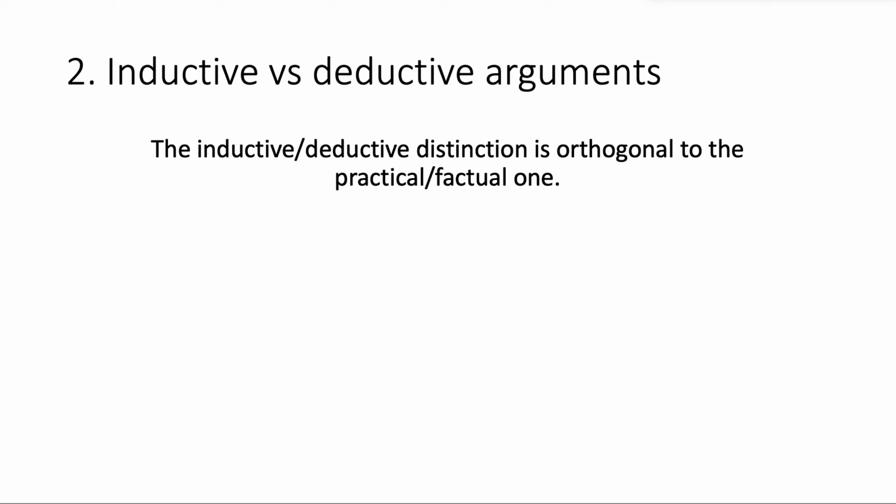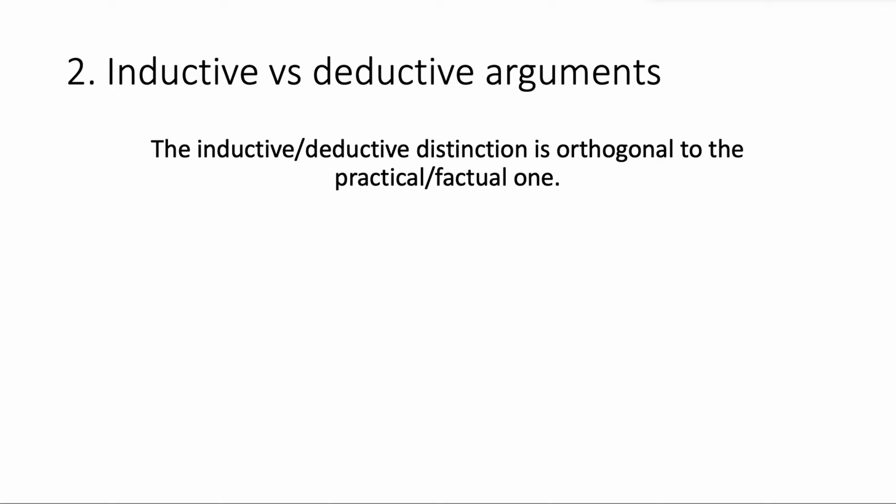Now, I've made this slide not because it's super important for people to think much about this, but just because I'm sure people will be thinking about how this distinction between inductive and deductive arguments hooks up with that distinction I drew at the very beginning between practical and factual.